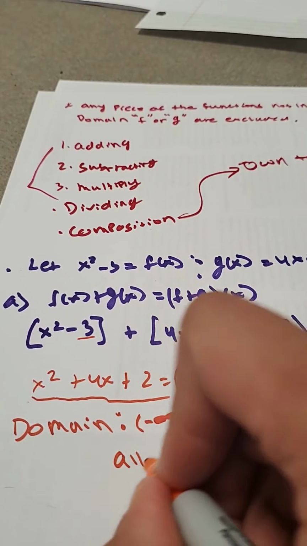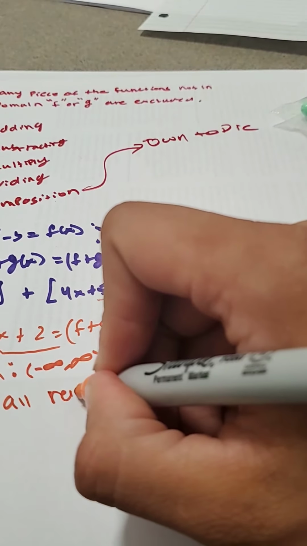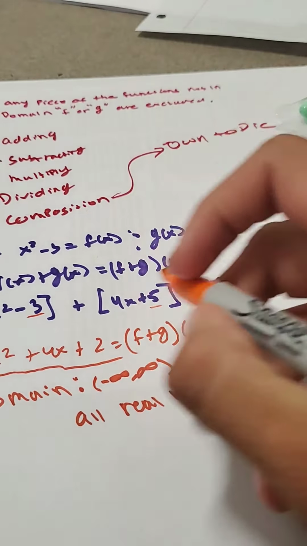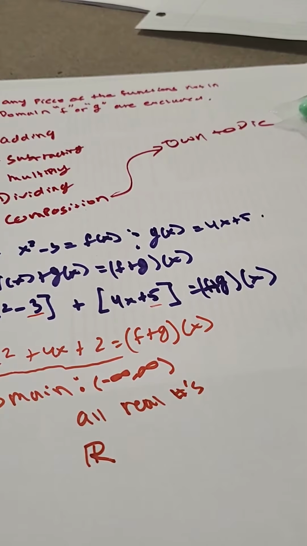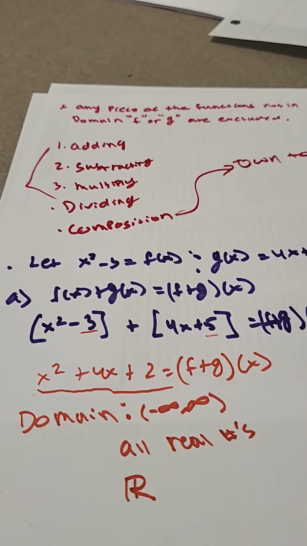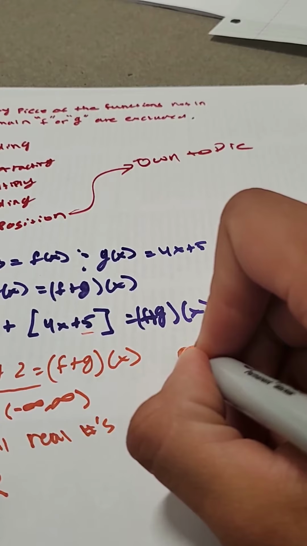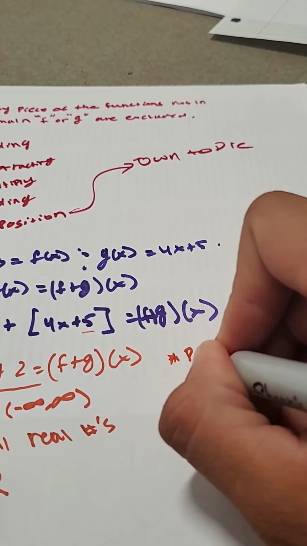You will also see it written as all real numbers, and you will also see it as a superscript R. So note, all polynomials. This is a polynomial function, which we'll cover once we get to polynomial functions.